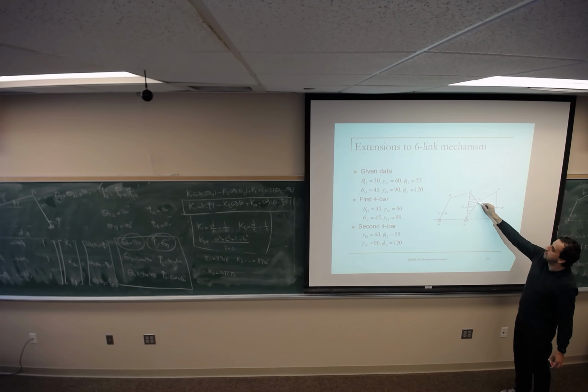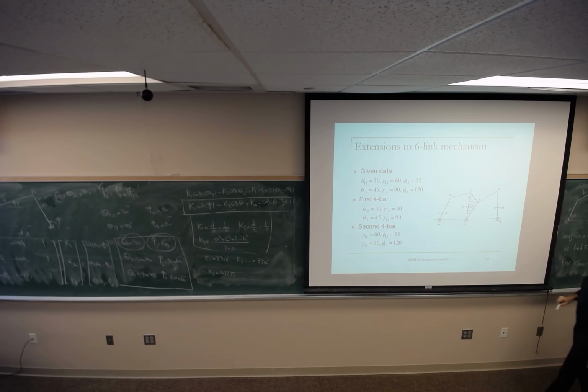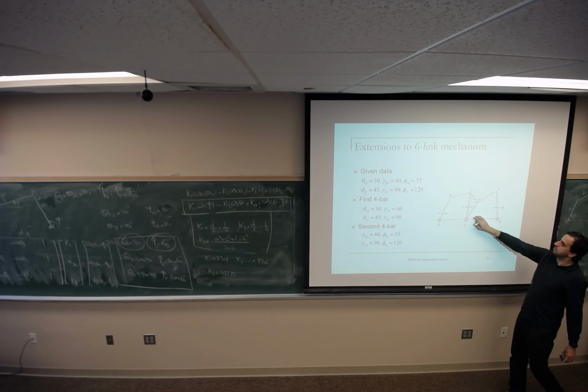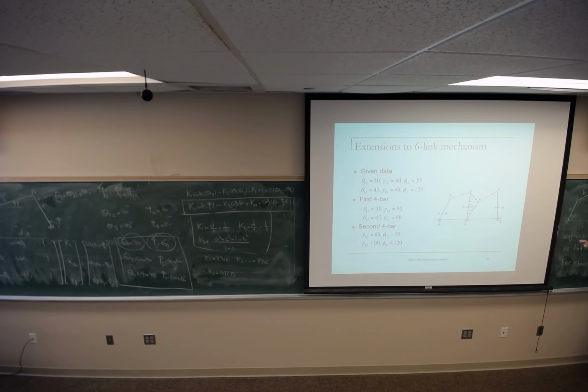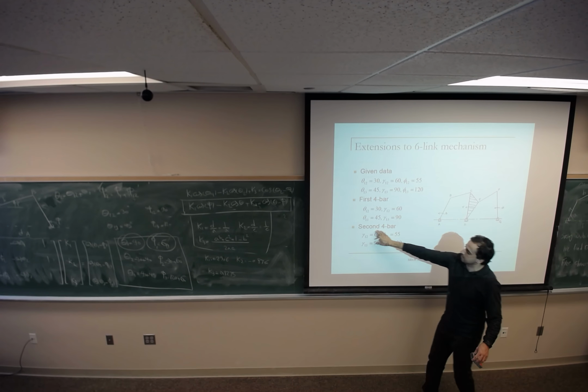Then we look at the second mechanism, and we size A, B, C, D, E, F, G, and this one is going to be 1. So we size this because we are given this set of data.